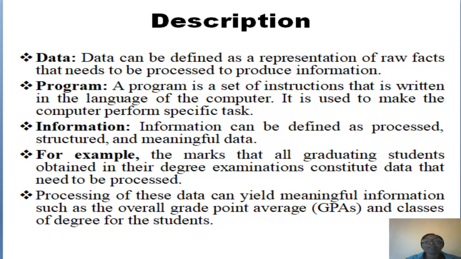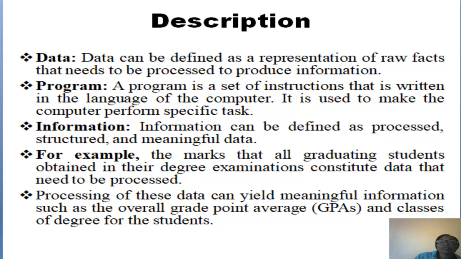Now, for another example, the marks that all graduating students obtained in their degree examinations constitute data that need to be processed. Maybe you score 70 in CSC 111, and in CSC 121 you scored 40.